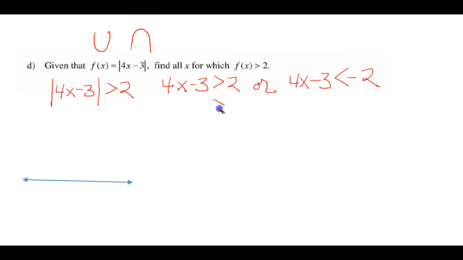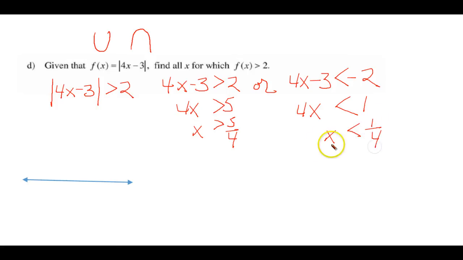This becomes a 5. And we get x is greater than 5/4. And here we transpose the negative 3, and that becomes a positive 3, so this is a 1. And we get 4x is less than 1. x is less than 1/4.